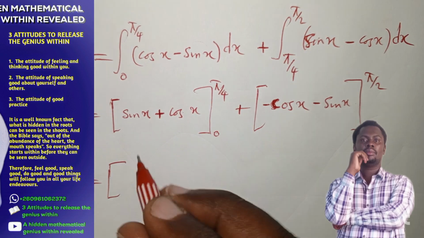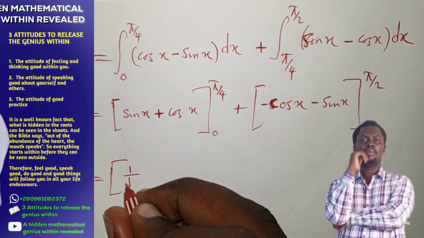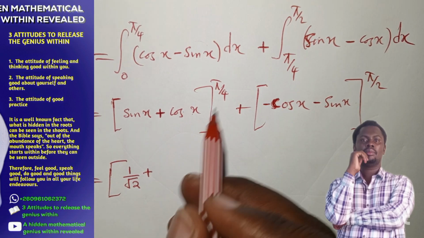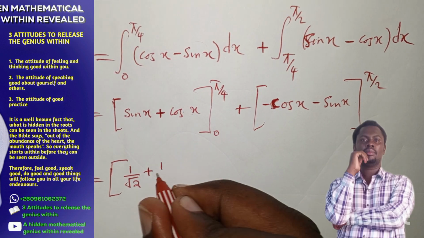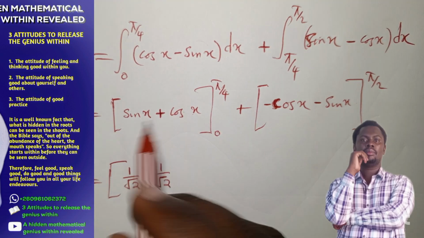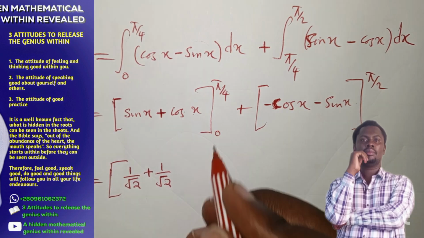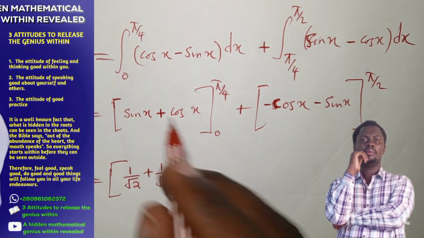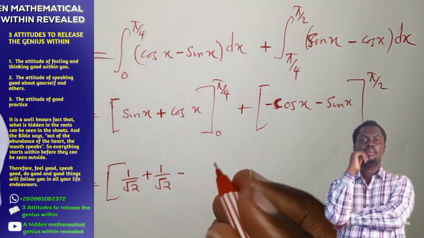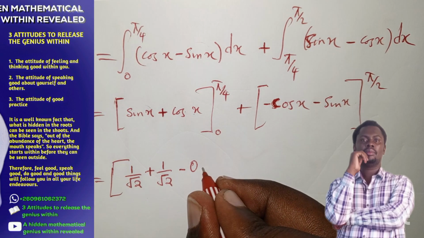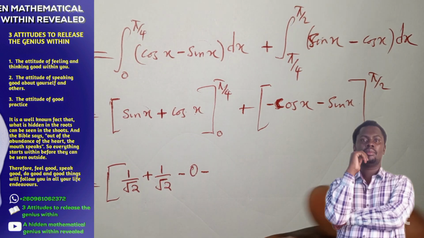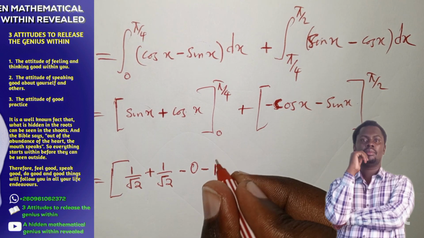Plus cos pi over 4, it's the same value, 1 over square root of 2. Then minus, now we replace with a 0 where there is x, so minus sine 0 is just 0, minus cos 0. Cos 0 is 1, so minus 1.